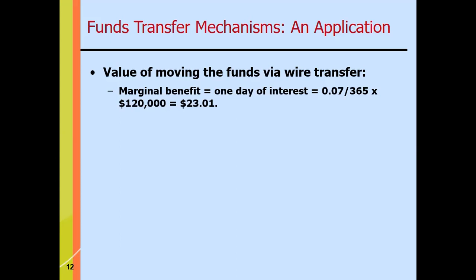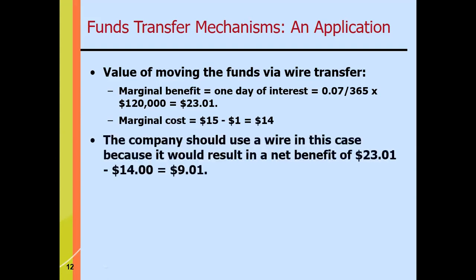Please take note that this is the formula for computing the interest: principal, $120,000, interest rate of 0.07, and the time in days, actual interest, that's 1/365. This is the shortened version of I = PRT, which equals $23.01. The marginal cost is $14, as explained a while ago.